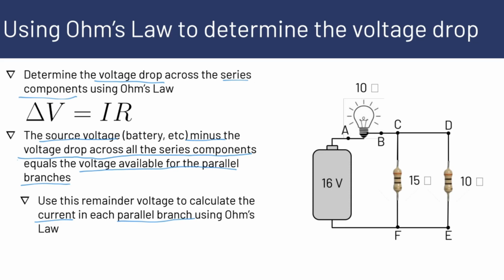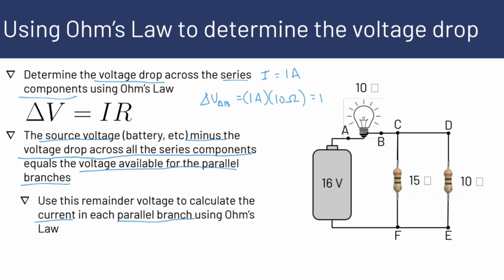Okay, so we know our current across the entire circuit is equal to 1 amp. So we can figure out the voltage drop across the light bulb by using delta V equals IR. Delta V across the light bulb, across points A and B, is equal to 1 amp times 10 ohms.